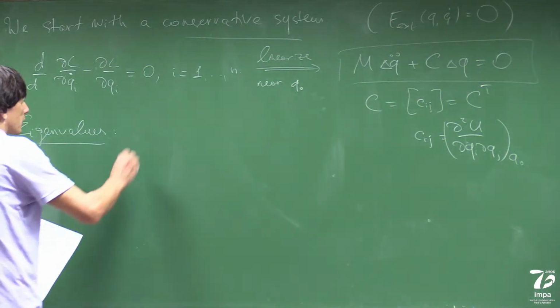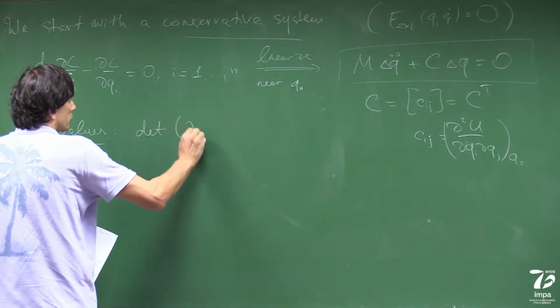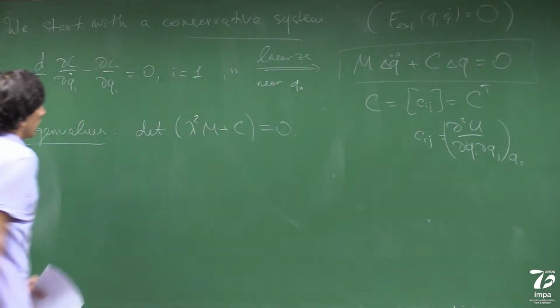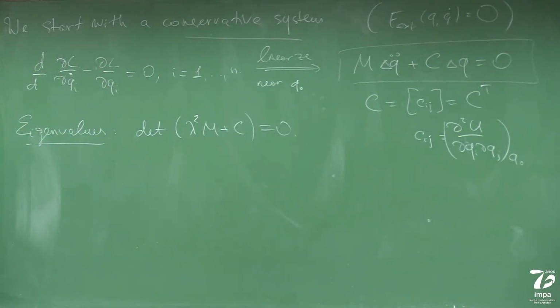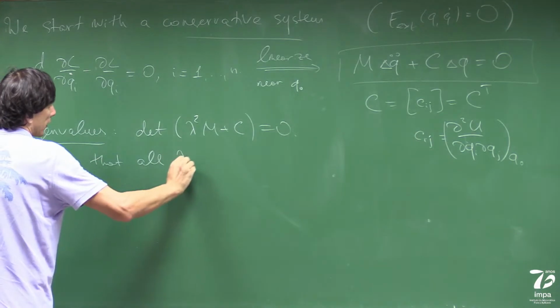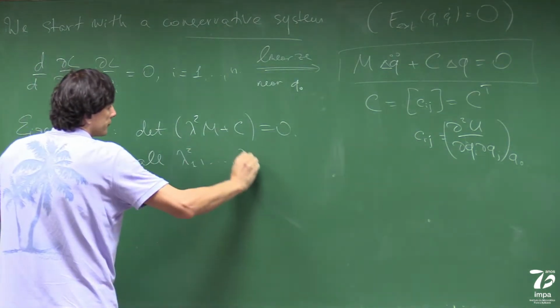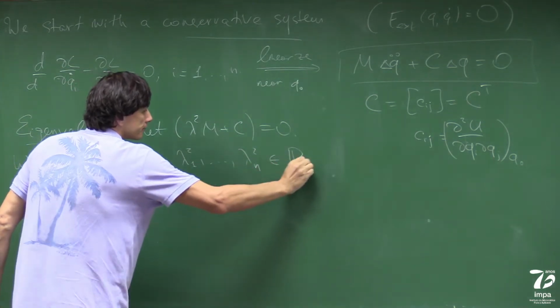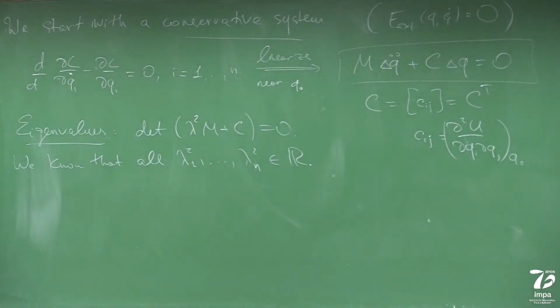So eigenvalues are given by the determinant. And what we know is that all eigenvalues, which are n of them, all squared eigenvalues are real. This we found.